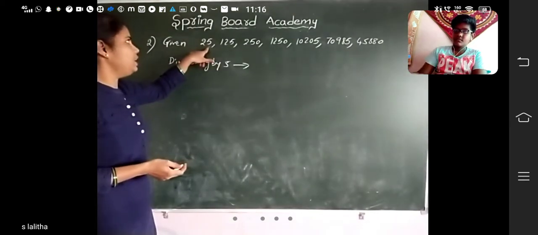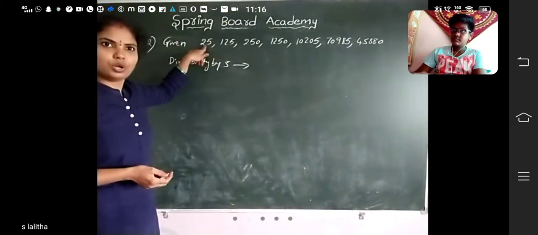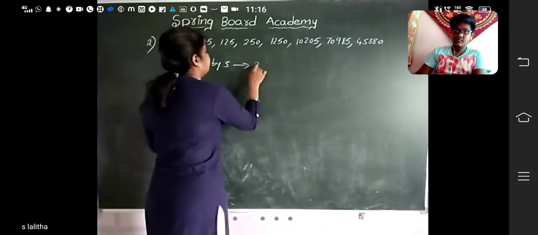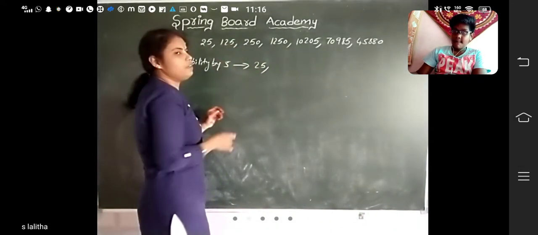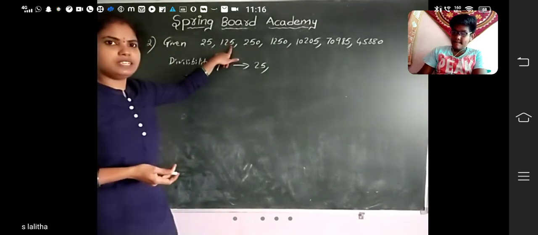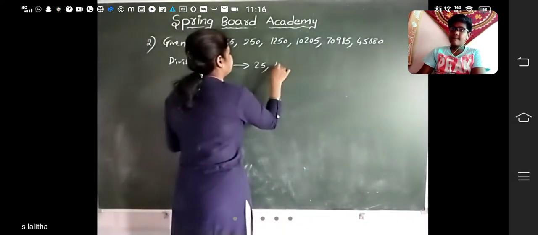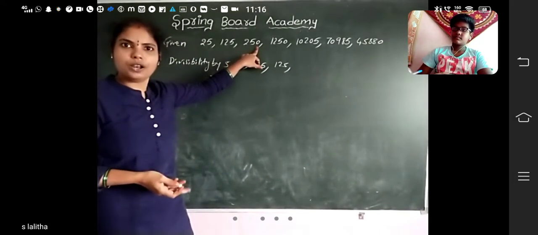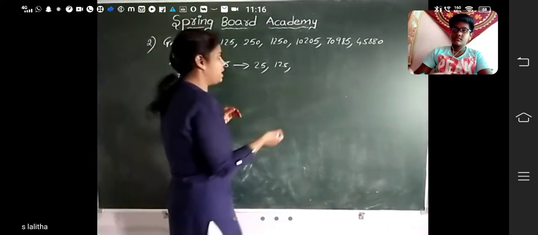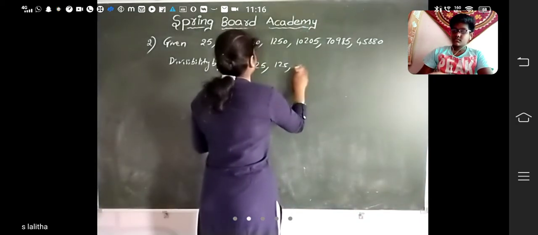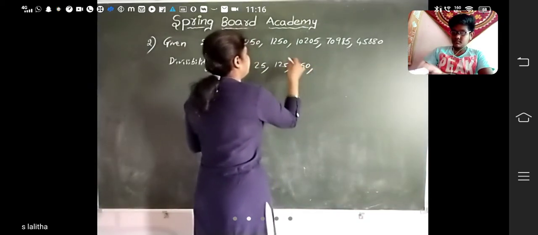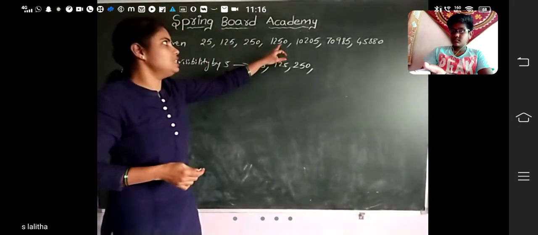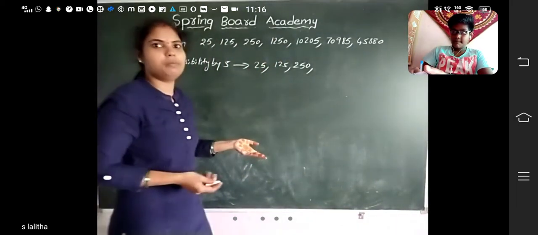Here the first number 25, in the ones place 5 is there. So it is divisible by 5. 125, in the ones place 5 is there. So it is divisible by 5. Next 250, in the ones place 0. So it is divisible by 5. Next 1250, in the ones place 0. It is also divisible by 5.